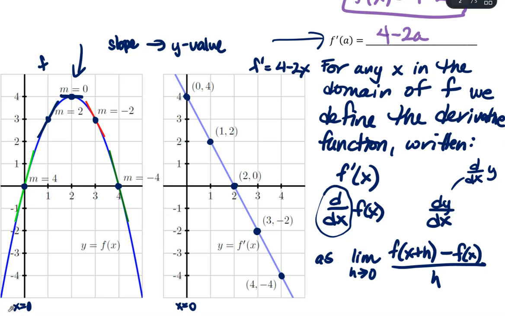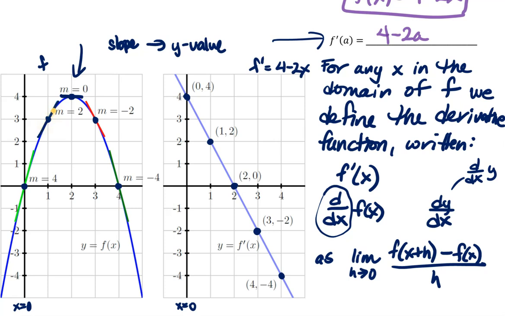So if we look at this a bit more holistically, we can work our way along the graph of f and talk about what the slopes are doing, and we should be able to see what's happening on the graph of f prime reflecting that. So starting from the far left, we have fairly steep positive slopes over here if we visualize our tangent line. As we work our way along, those are getting a little bit smaller.